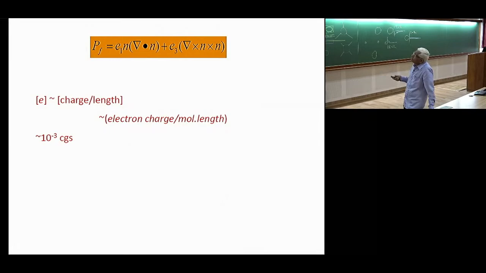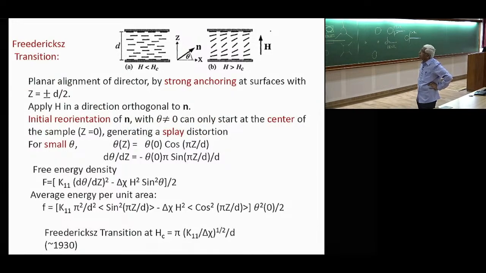So as we estimated k, we can again say it's charge over length. So some electron charge over molecular length, which gives you 10 to the power of minus 3 CGS units, which is the type of numbers you get if you make actual measurements. So it's again a signature of the soft nature of nematic liquid crystals.